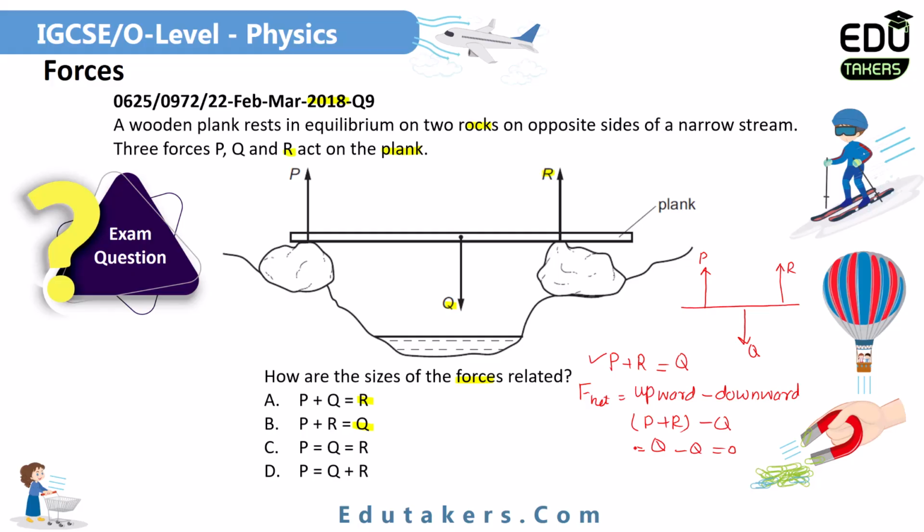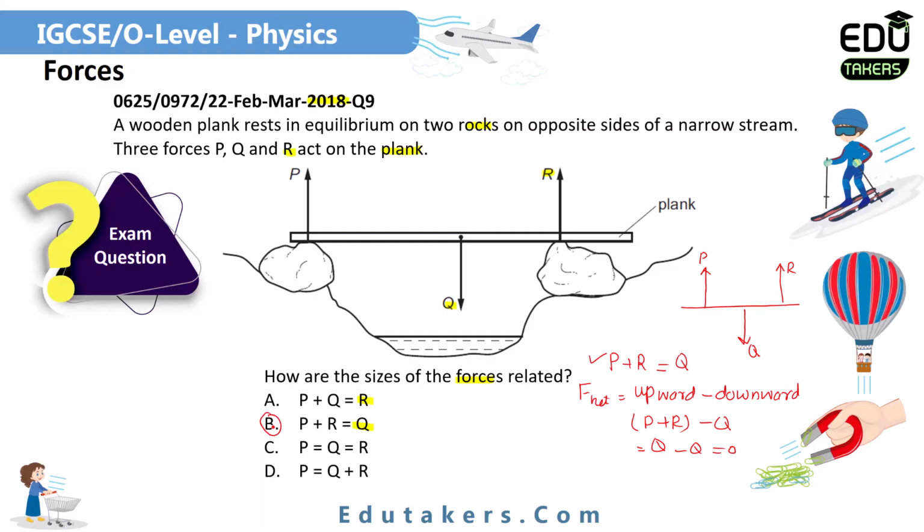So I can simply say that when the sum of the forces is equal to 0, the body is in equilibrium. That's why the forces are related by P plus R is equal to Q. So this is given in answer B. Answer B is correct from here.